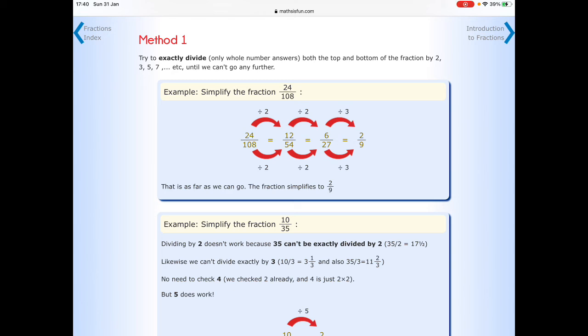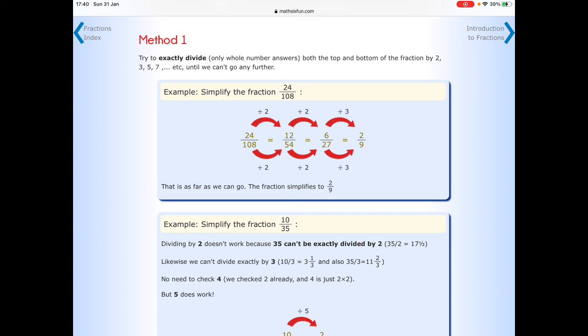Now that's not its simplest form because 12 and 54 can be divided again by 2. 12 divided by 2 is 6. 54 divided by 2 is 27. And again, we can't stop there because again 6 and 27 can still be divided further, this time by 3. 6 divided by 3 is 2 and 27 divided by 3 is 9.